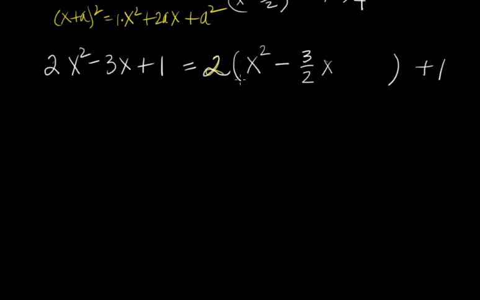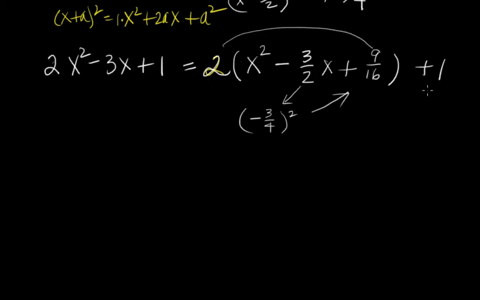Now I have a 1 on x squared, so I can do exactly the same thing. Take half of minus 3/2, just double the denominator, minus 3/4 squared, and add it. So that will be plus, it's always plus, 9/16. But now notice that what I really added was 2 times 9/16, so I don't want to subtract 9/16.